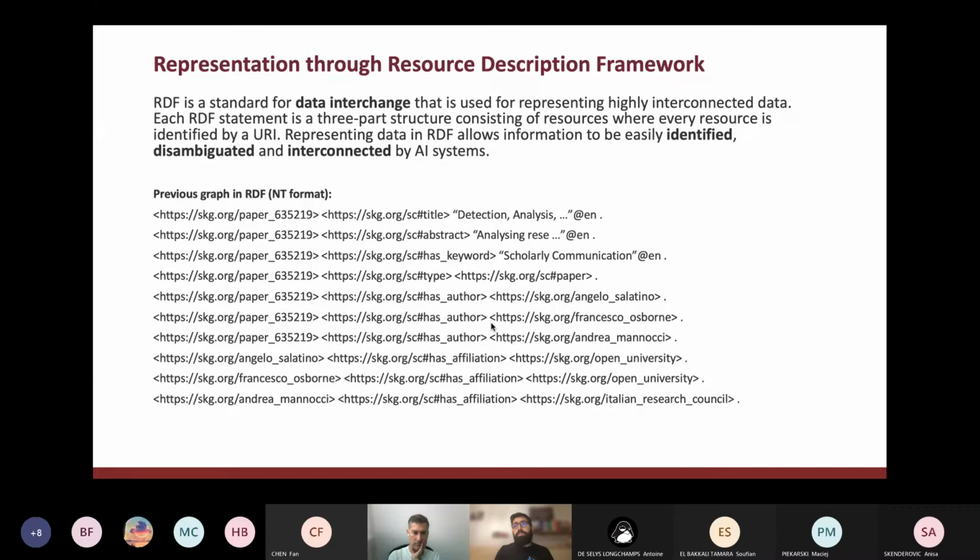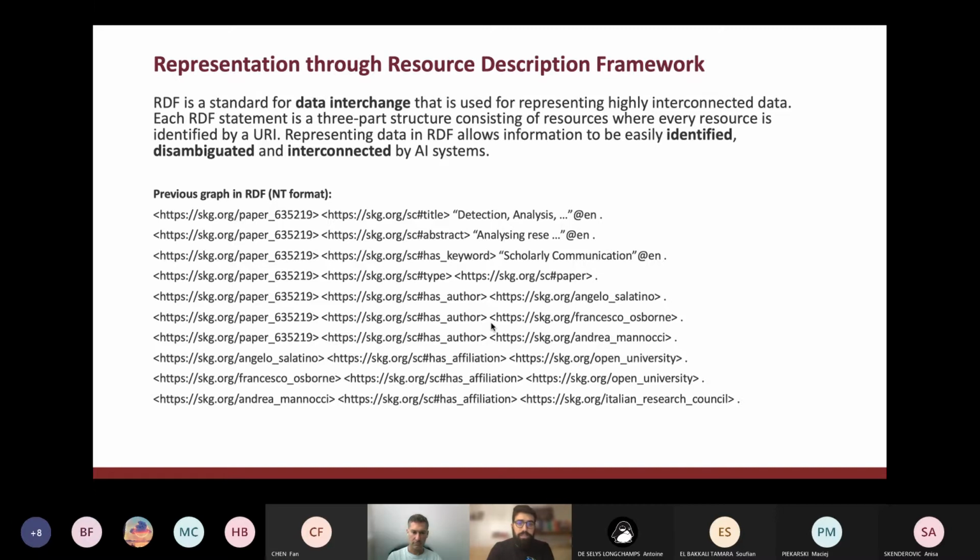Okay, how do we represent? Because so far we have been seeing pictures of a network, but unfortunately within files we don't represent pictures, we represent data. And actually I am assuming that you know RDF, because this course is about web technologies. But just to have a brief reminder, one way of representing graphs is through RDF, which is the acronym of Resource Description Framework.